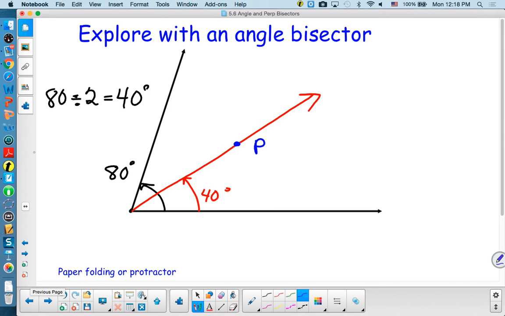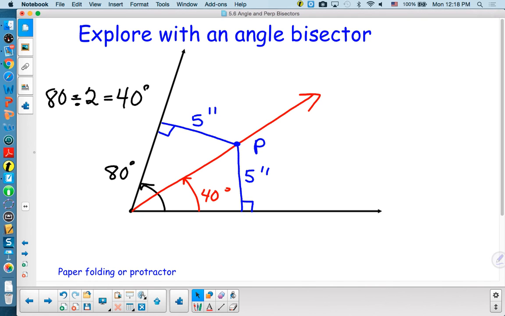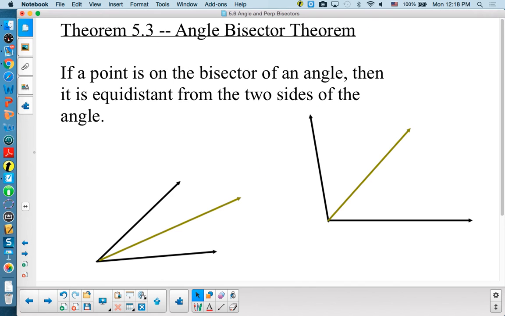That's kind of hard to do because you have to go at a right angle. So that length, let's say 5 inches. And when we go to this side, we would have to again make it a right angle. If that really is an angle bisector, that point will be the same distance to each side of the angle. That's exactly what the theorem says. Again, pause so that you can write down the theorem.